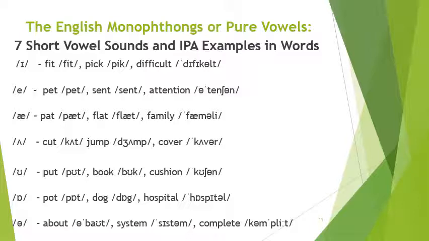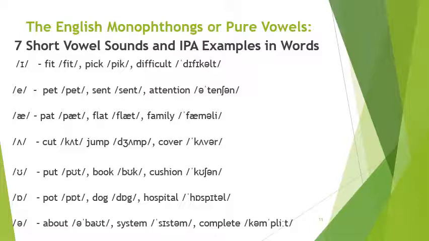Number 3, as in pat, flat, family. Number 4, as in cut, jump, cover. Then we have oo as in put, book, cushion.